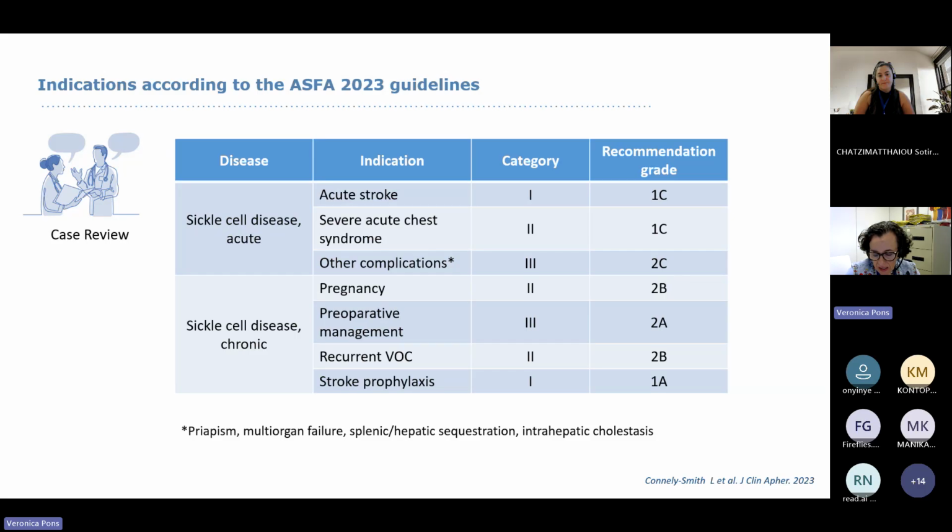As you can see, in the acute setting, there are many indications: acute stroke, severe acute chest syndrome, and also other complications. In the chronic setting, the focus is mainly on perioperative management, recurrent vaso-occlusive crisis, and stroke prophylaxis, and stroke prophylaxis has the highest level of evidence.